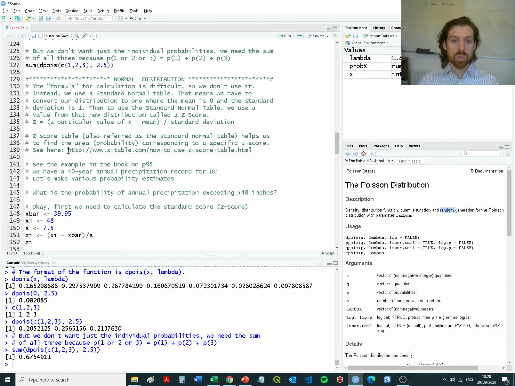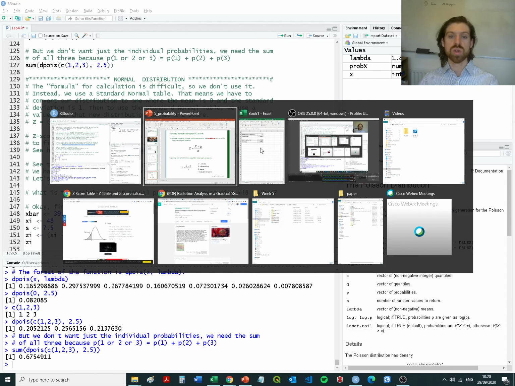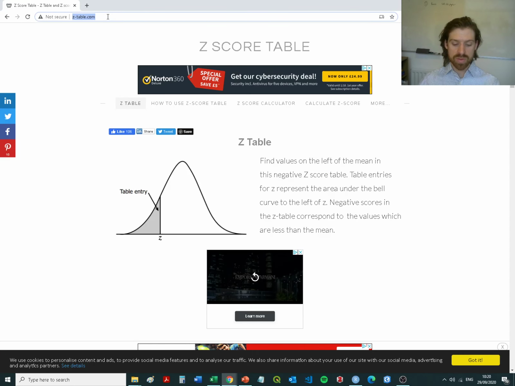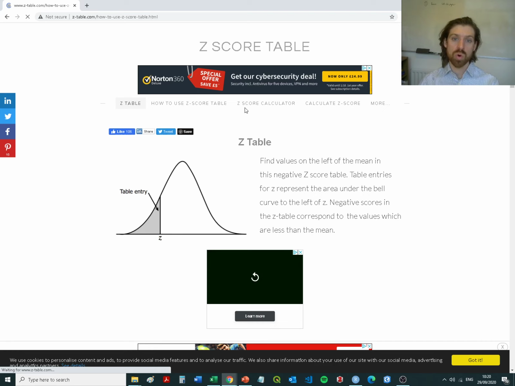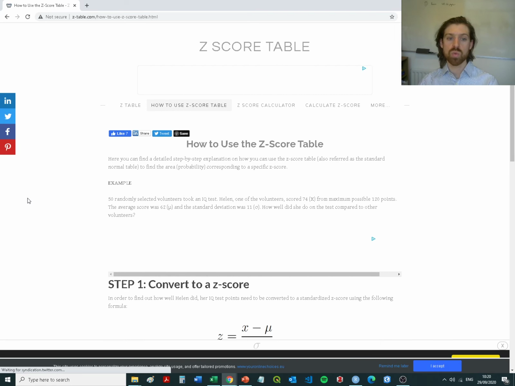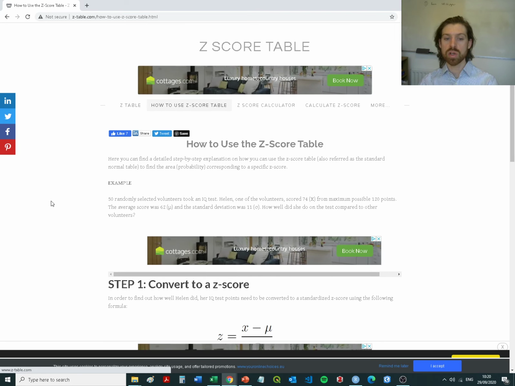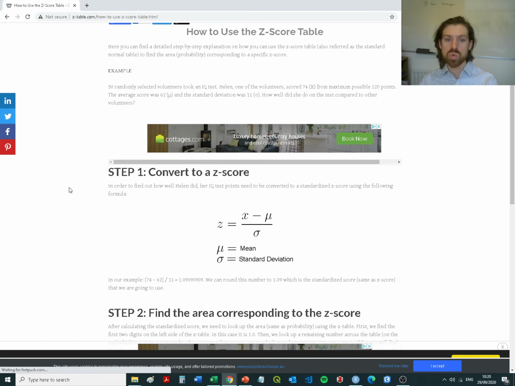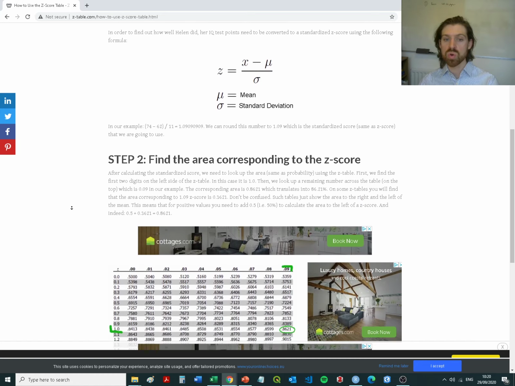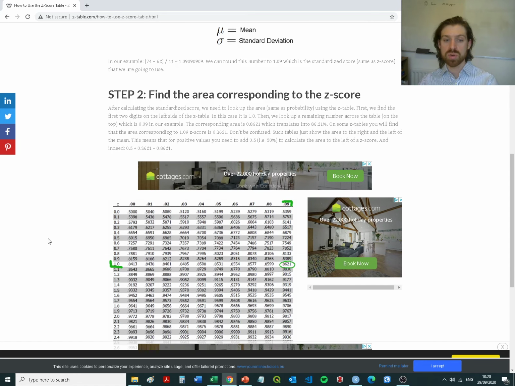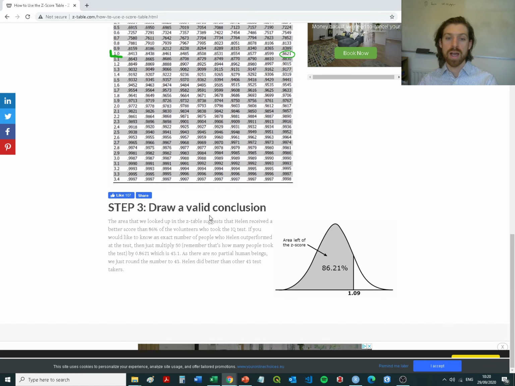Okay, so we can use the Z-score table in the back of the book. I've actually just provided you with a link for this website online, which allows you to look up Z-scores. It also shows you how to use the Z-score table, convert a score, find the area corresponding to a Z-score, and then think about the distribution of values to draw valid conclusions.